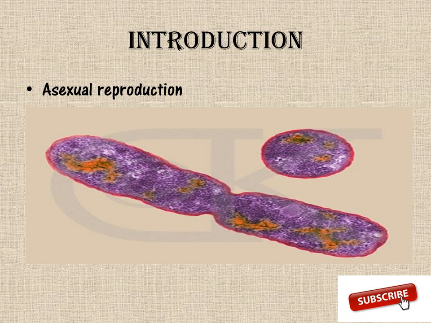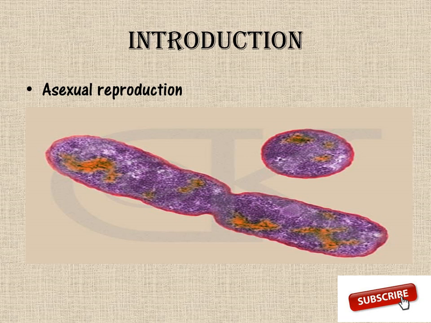In natural methods we learned how it takes place by leaves, stems, roots, then by tuber, corm, and all this we have already studied. Then in artificial vegetative propagation we learned about layering, grafting, cutting, and what tissue culture is and the benefits of tissue culture. So we have already learned all this in our previous videos.